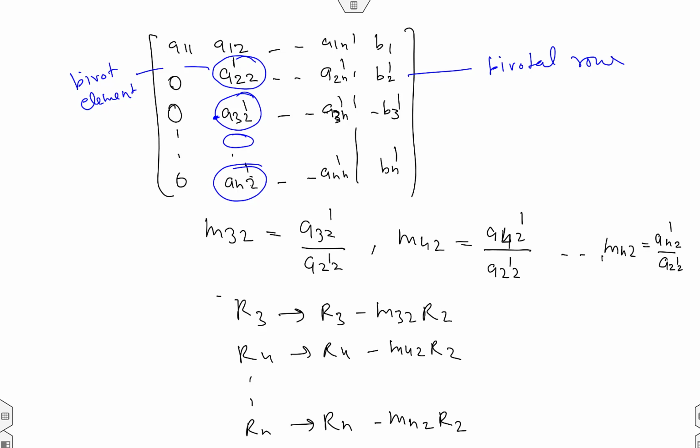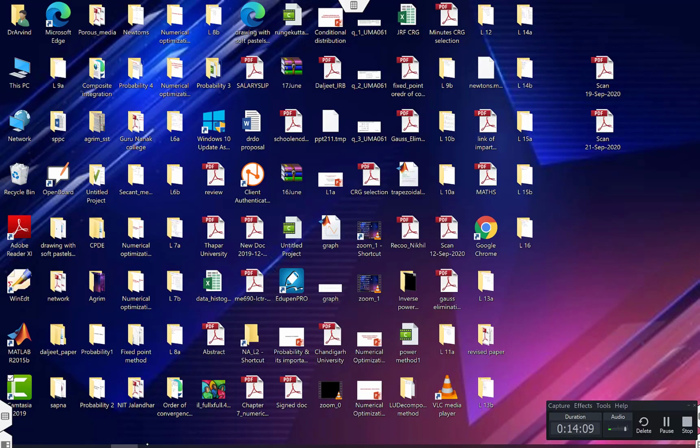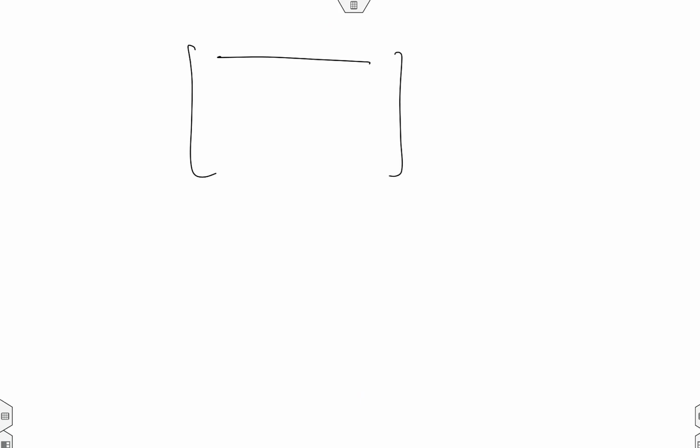Okay, after that what are we getting? We are getting the first row as it is, the second row as it is.